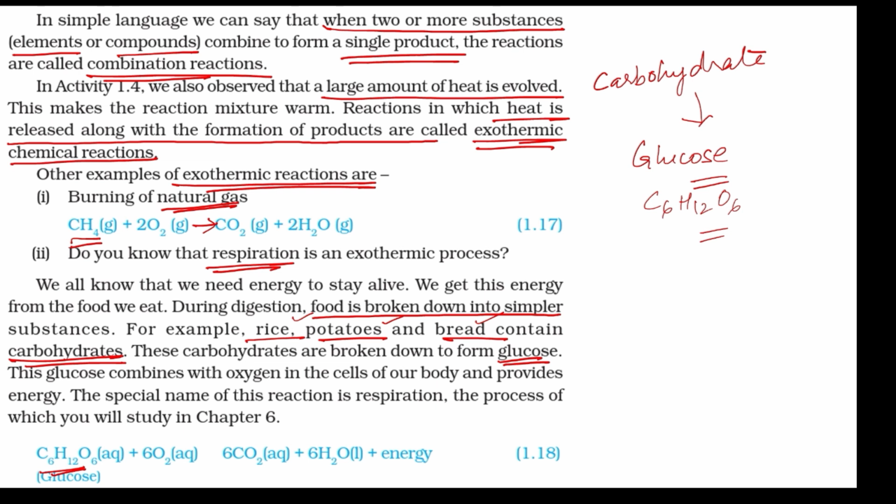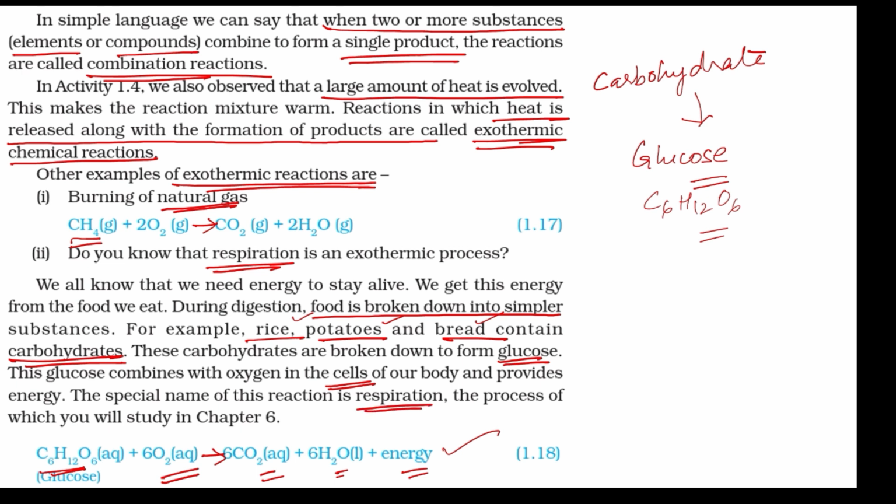This solution of glucose will combine with oxygen, and where will this reaction take place? This will take place inside the cells. So glucose combines with oxygen to form carbon dioxide, water, and it will give energy. This energy is utilized to carry out various activities. So this process is known as respiration.